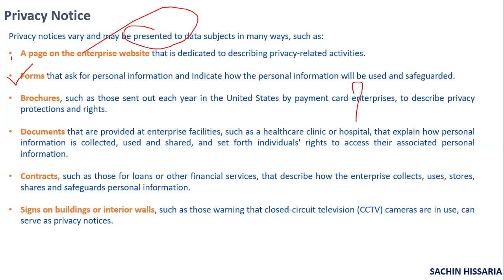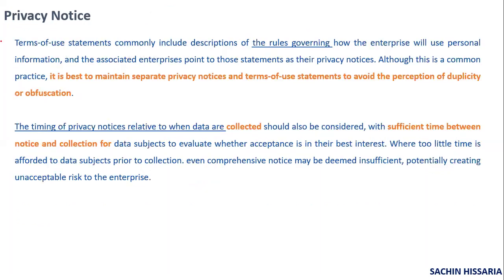Sometimes in a contract, when you enter into a contract with a third party, you can write a privacy notice. And sometimes on the company's building there are certain placeholders, and on those the company will put signboards and their privacy notices, or the policy itself. So these are the various ways through which a company will present a privacy notice to a data subject.